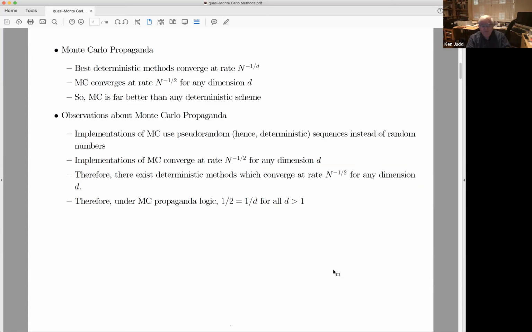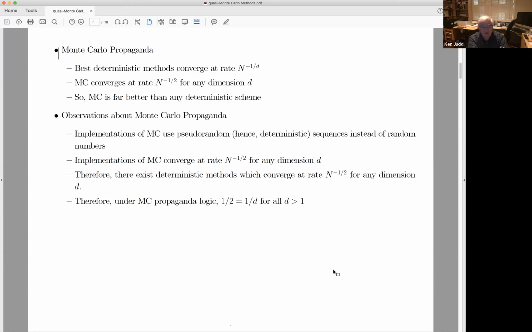Now, what you will hear a lot of from Monte Carlo propagandists is, oh, the best deterministic methods converge at a rate of n to the minus 1 over d, where d is a dimension. Oh, but Monte Carlo will converge at the rate of 1 over square root n for any dimension d. So then they say, well, for high dimensional problems, you've got to use Monte Carlo.